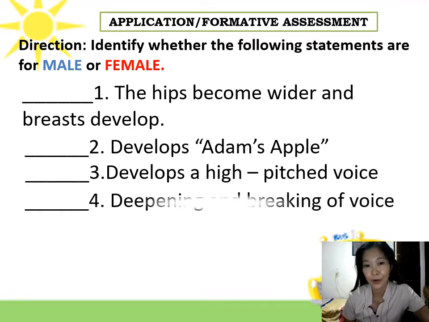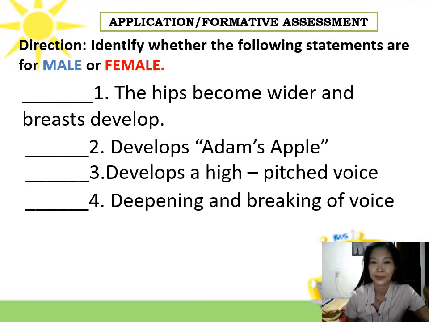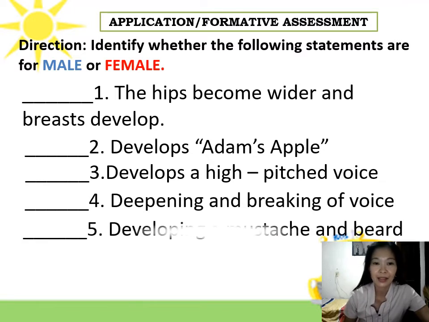Okay, number four, deepening and breaking of voice. Is it for male or for female? Three, two, one. And lastly, developing a mustache and beard. Is it for male or for female? Are you all done? Okay, let us now check if your answers were correct.